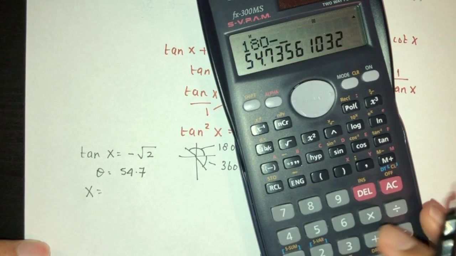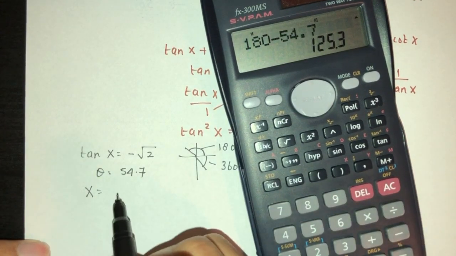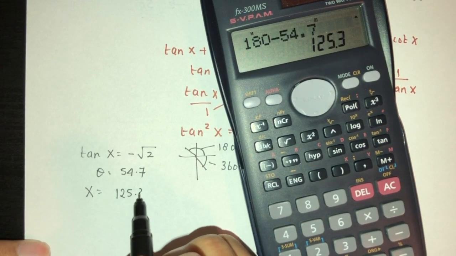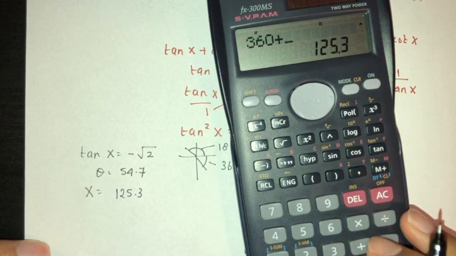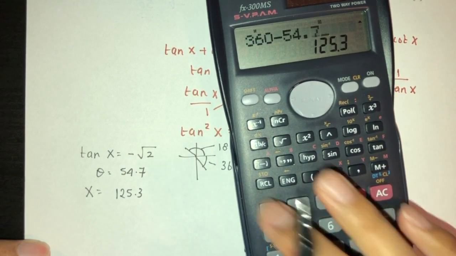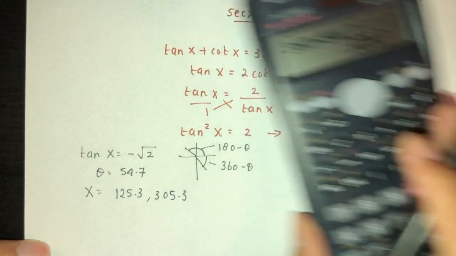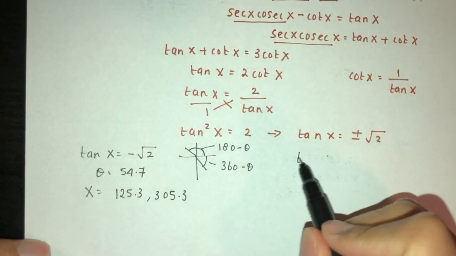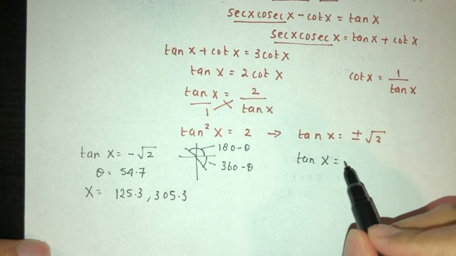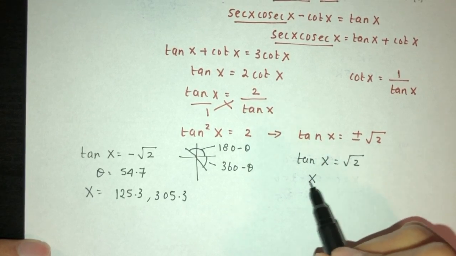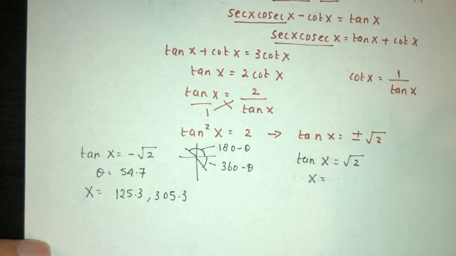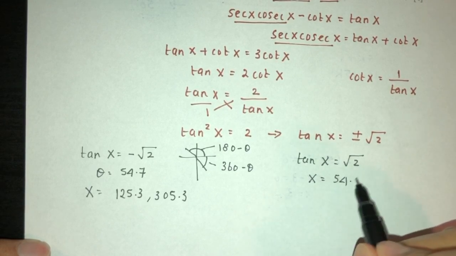So 180 minus 54.7, that should be 125.3, or it can be 360 minus 54.7, that should be 305.3. Now for the positive value of tan, so tan x is equal to root 2, x will be tan inverse of root 2, that will be 54.7.